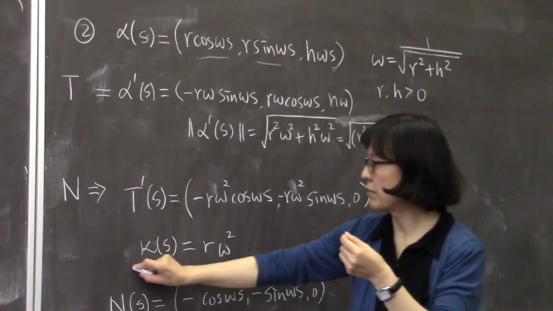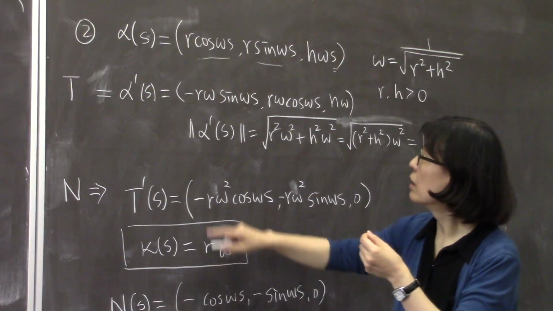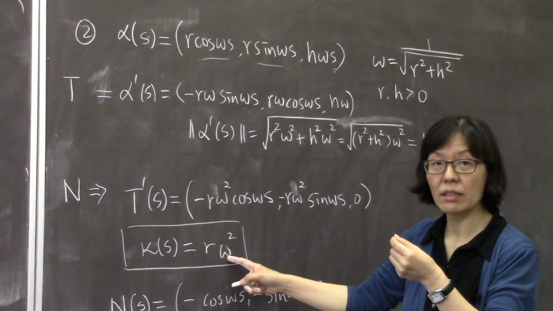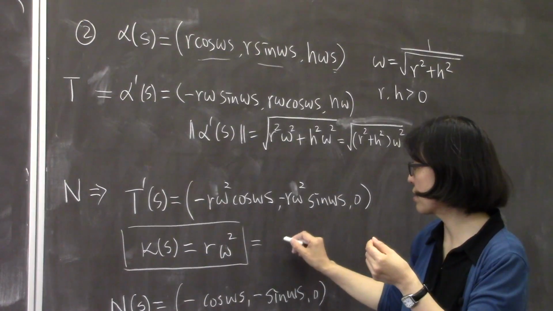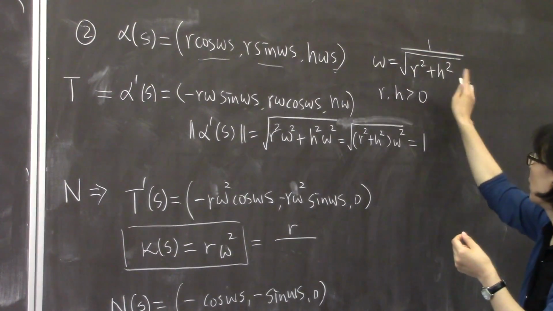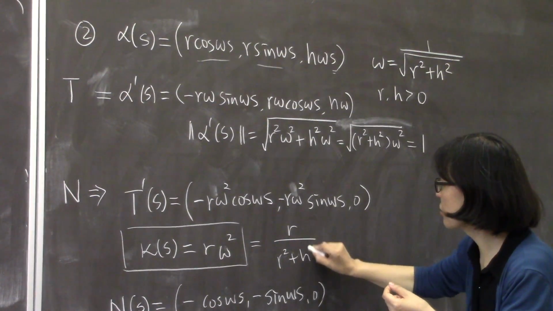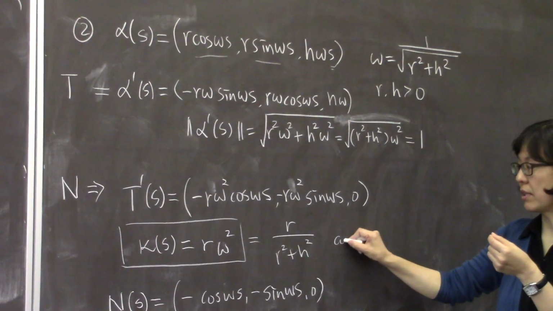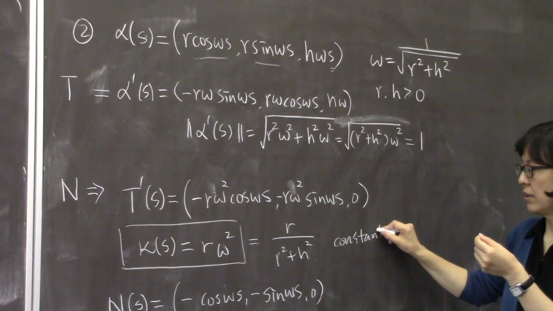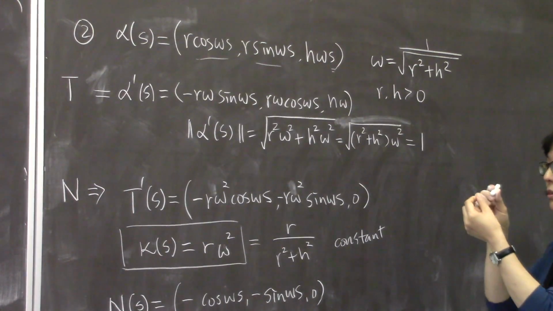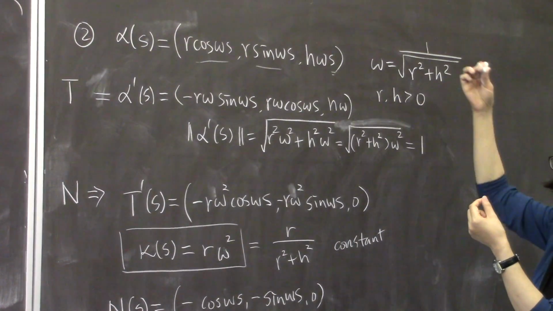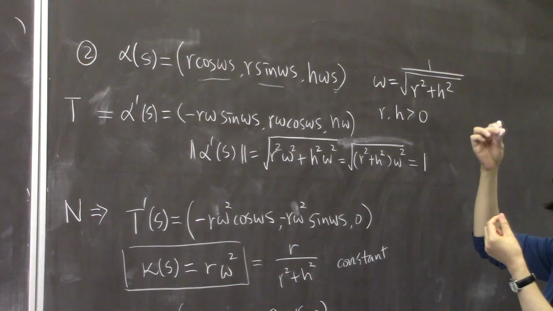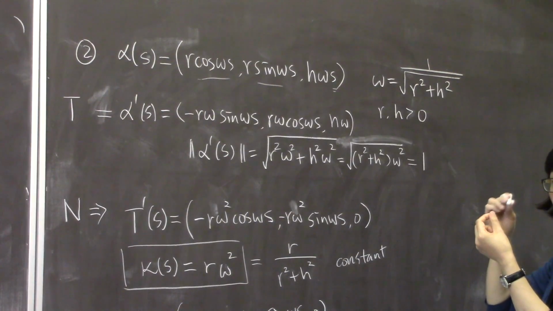So what is the curvature of the helix? Constant, right? Actually, this one is R omega squared, so R over R squared plus H squared, and R and H are constants, so that is constant. If you imagine the circular helix, it circles and changes in a constant manner, right? It bends, it curves, yeah.